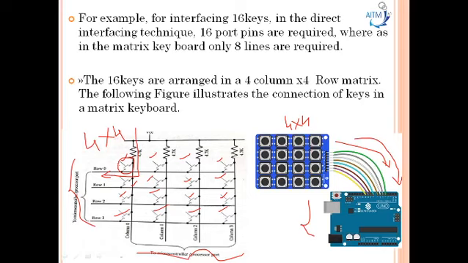This process is repeated until the scanning of all rows and columns is completed here. So when a row is low and if a key connected to the row is pressed, reading the column to which the key is connected will give logic 0 here.